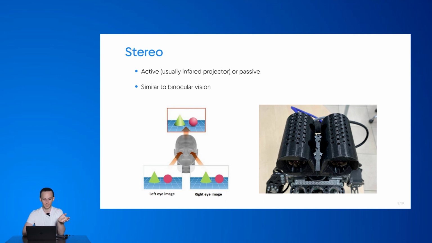This basic idea, with two images being slightly different, is the backbone of all the stereoscopic vision, both the active and the passive one. Our robots, and this robot is depicted on the right, were the first in the league to introduce stereoscopic vision.